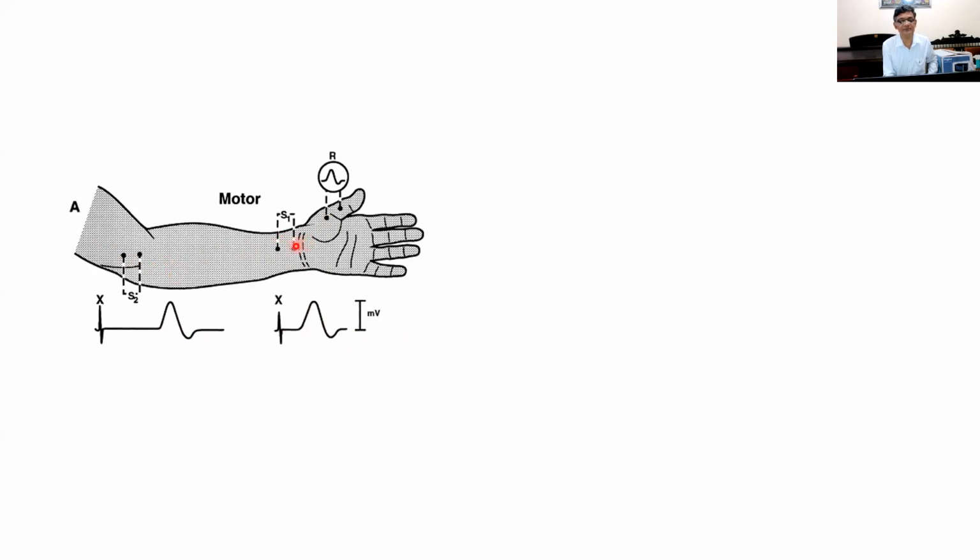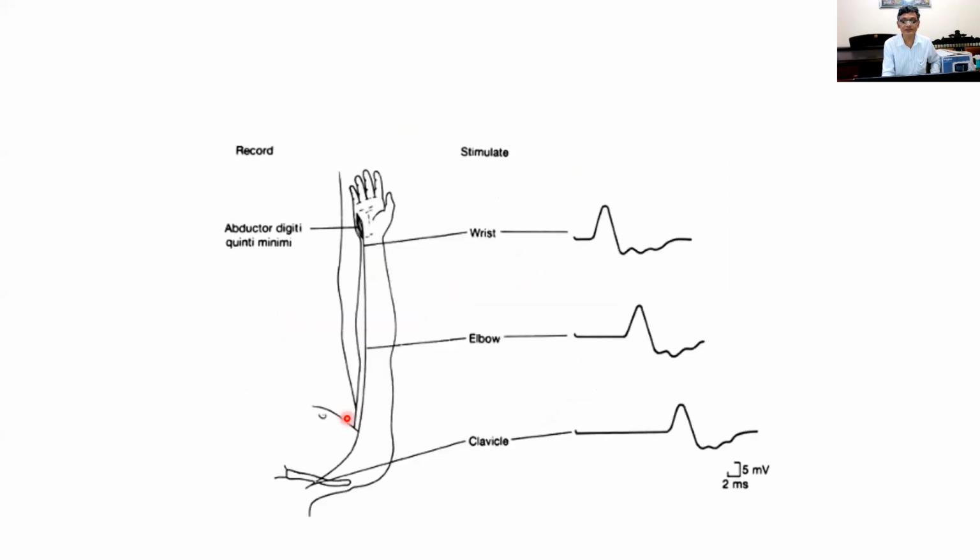You may be stimulating some other nerve and some cross connections are getting recorded, so that is not what we want. We have to stimulate the same nerve at two different points, and then only can we do the nerve conduction study, right? So our compound action potential should look the same. Here it is evident, it's more or less the same pattern, but the height and the shape should be very close to each other.